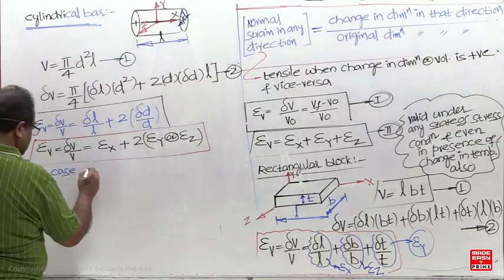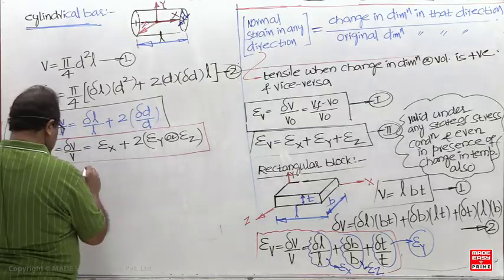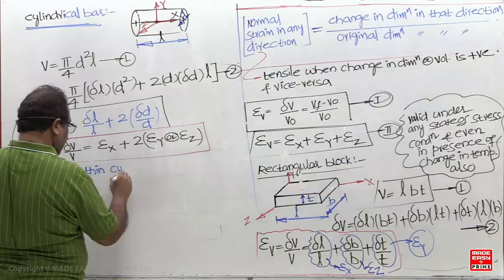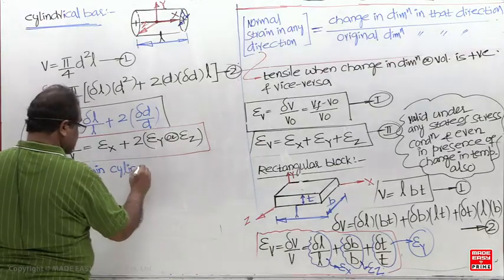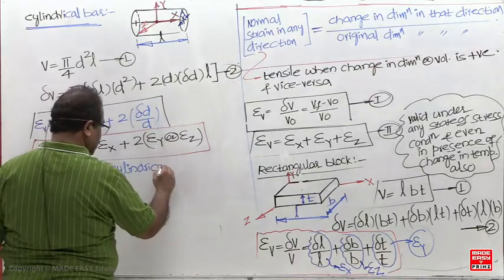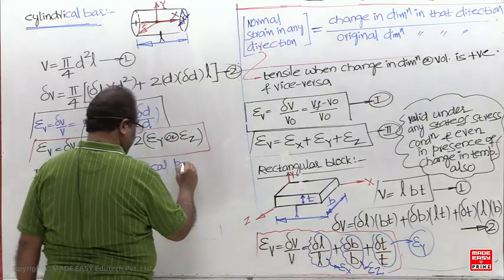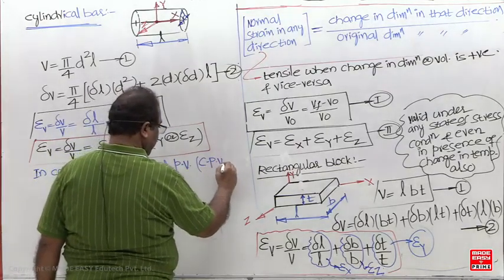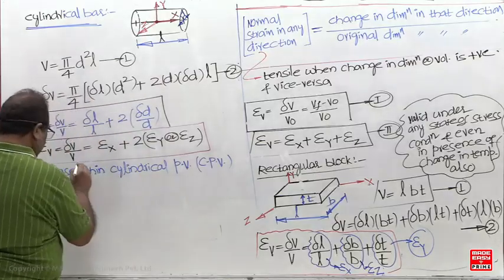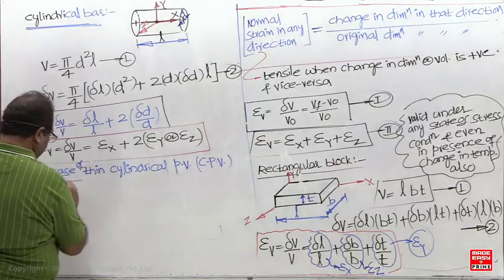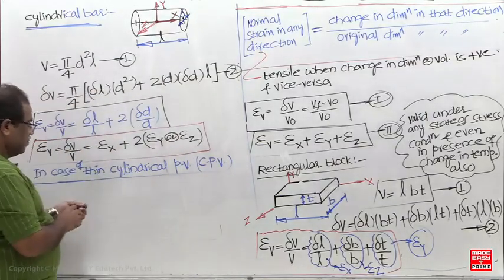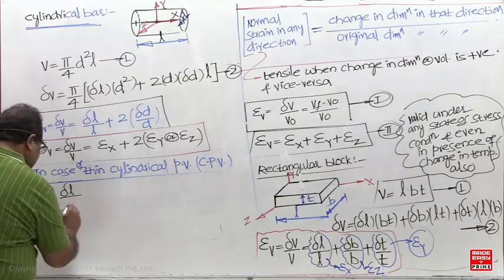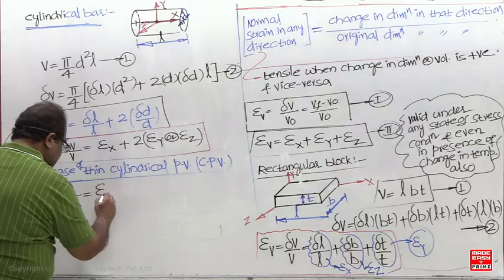In case of thin cylindrical pressure vessels, CPV, delta L by L is called the longitudinal strain.